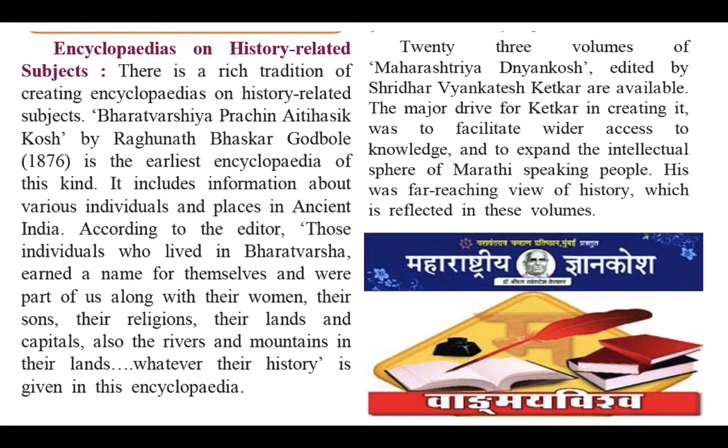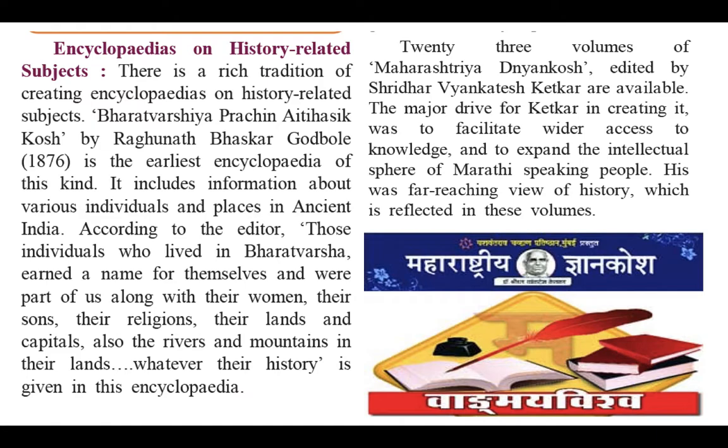23 volumes of Maharashtra Jnanakosh, please underline, edited by Sridhar Vyankatesh Ketkar, are available. The major drive for Ketkar in creating it was to facilitate wider access to knowledge and to expand the intellectual sphere of Marathi speaking peoples.